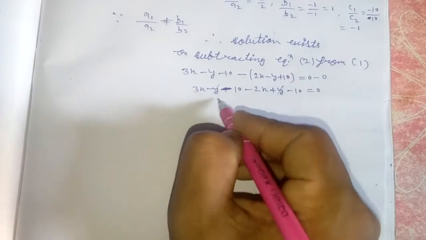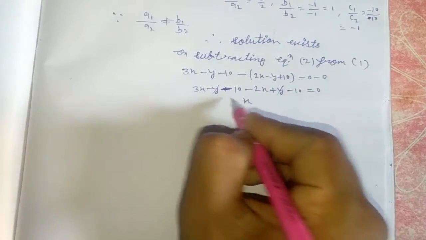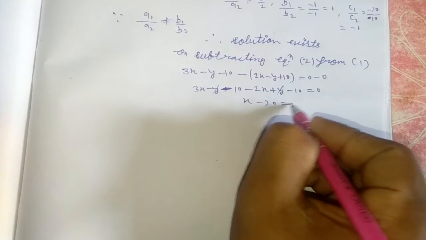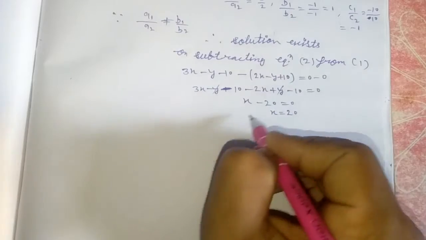So y cancels out, 3x minus 2x is x, minus 10 minus 10 will be minus 20, equals 0, x is equal to 20.